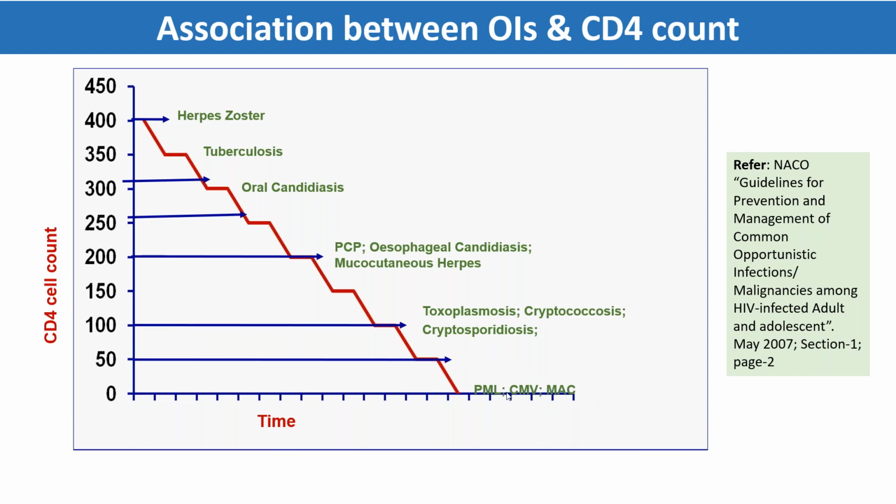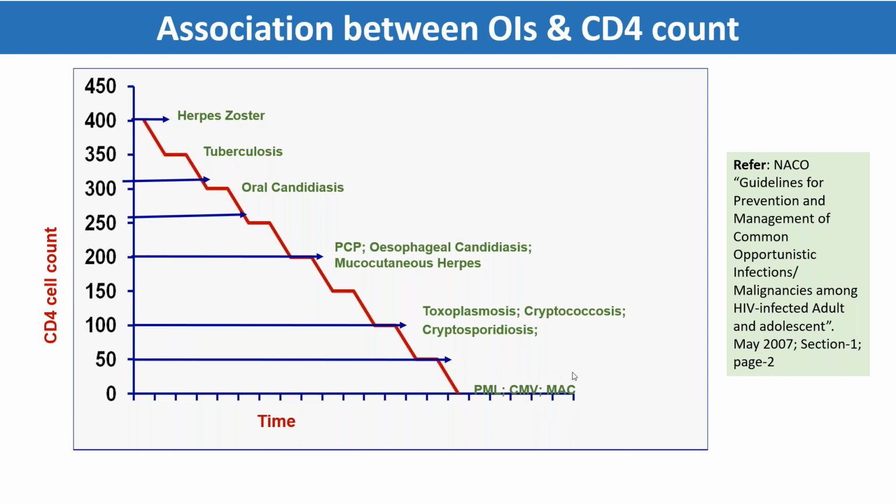So if you know that a person's CD4 count is 200, you can give OI prophylaxis to prevent the development of pneumocystis pneumonia, toxoplasmosis, and cryptococcosis. If a patient's CD4 count is less than 50, you can add agents to prevent the development of infections like MAC.